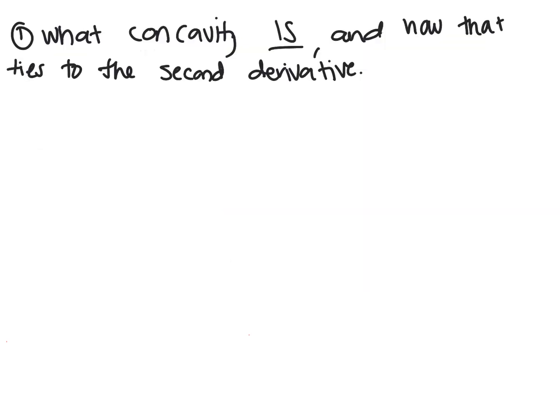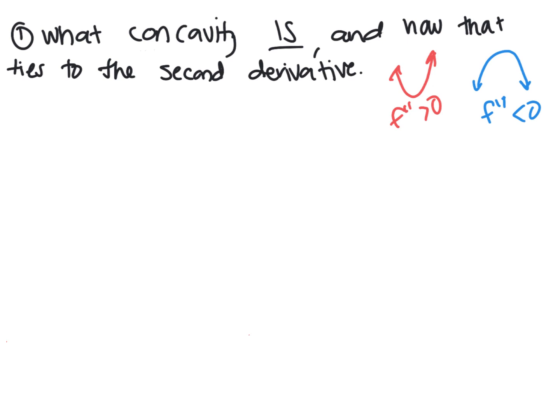The first thing that we talked about in this video is what concavity is and how that ties to the second derivative. We talked about concave upward being a U-shaped portion of the graph, and this means that the second derivative would be positive, and how concave downward would be a frown-shaped part of the graph, and how that would be related to the second derivative being negative.